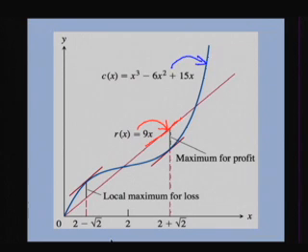So the reason that's important is notice that here, where we have maximum profit, you can see that the revenue function is clearly above the cost function. And that's occurring for the point which was simplified to 2 plus radical 2, which is the 3.414.